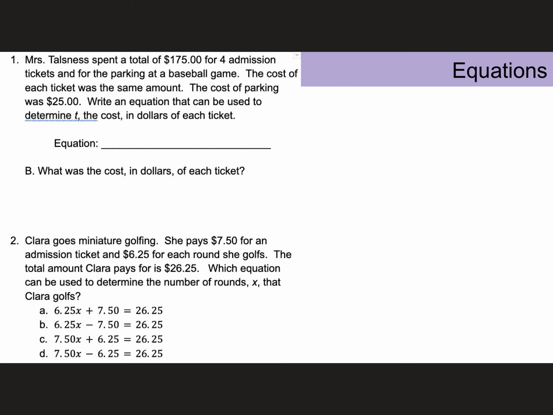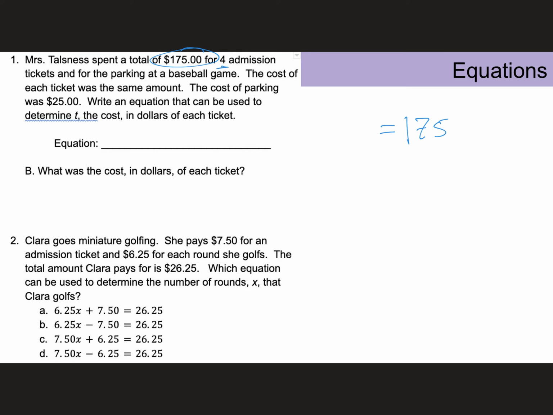Word problem. Miss Talsness spent a total of $175 for 4 admission tickets and for the parking at a baseball game. The cost of each ticket was the same amount. The cost of parking was $25. Write an equation. So she spent a total of $175, so whatever it is is equal to that.